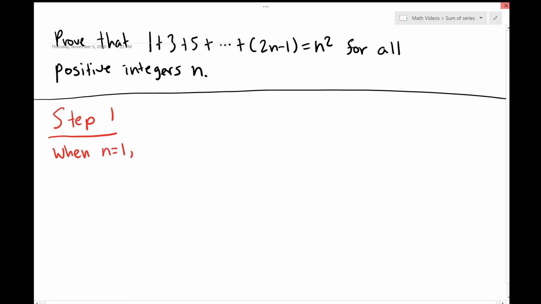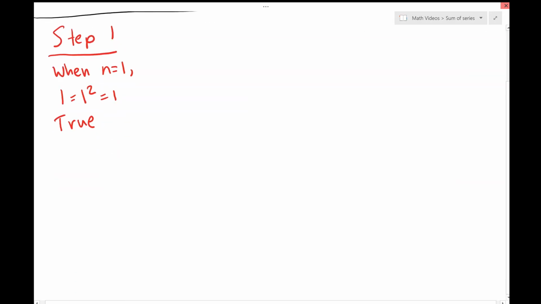On the left hand side we just have 1, and this has to equal 1 squared, and 1 squared equals 1, so it's true. Now step 2, we're assuming that it's true when n equals k.